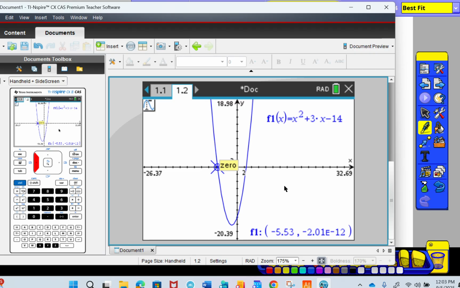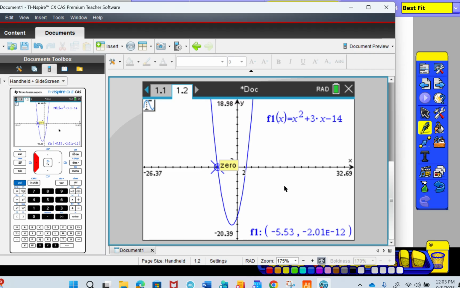It's approximating answers. So it's kind of finding as close as it can get to that number, using an algorithm to figure it out instead of using algebra. Which is kind of confusing. The calculator should be using algebra, but it doesn't actually. So it's basically picking points really, really close until it gets there.